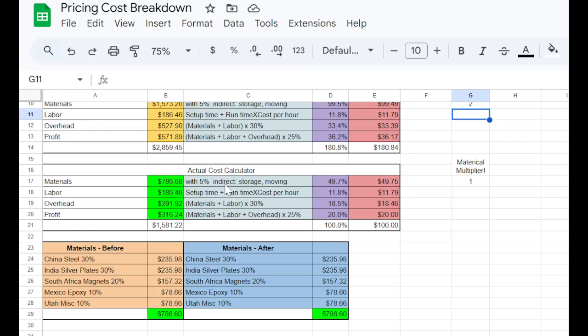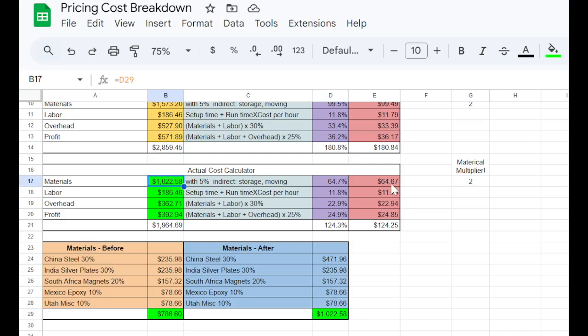So if China, we'll use a multiplier of 2 for China. So if we move China up to twice, instead of paying $235, we're now paying over $270 to China, which makes our material cost $1,000, which is now over here.